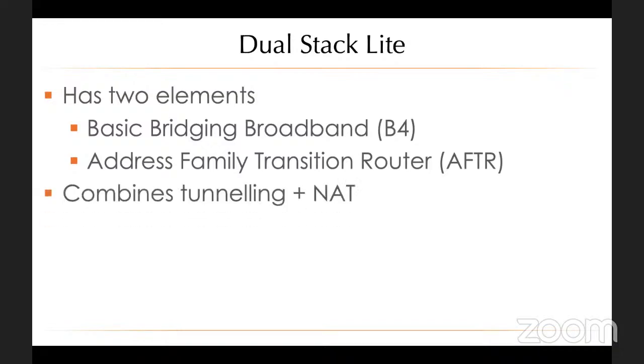So DualStack Lite combines tunneling and NAT. Remember I said that your access network is IPv6 only. So for you to be able to send IPv4 packets across your IPv6 only access network, you're going to do some tunneling, v4 in v6.